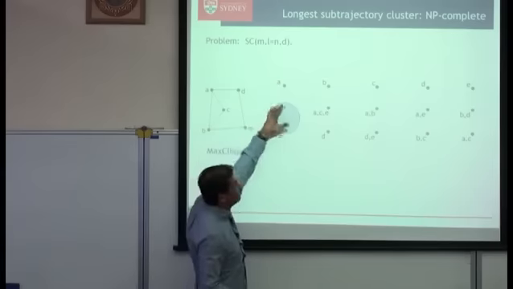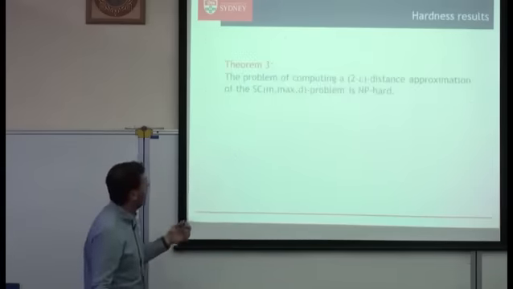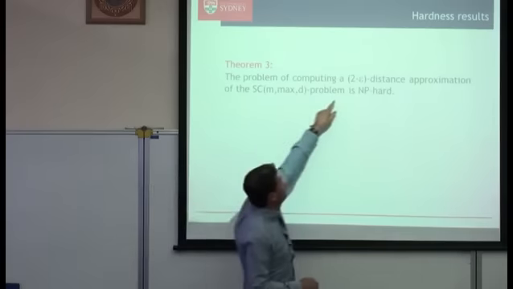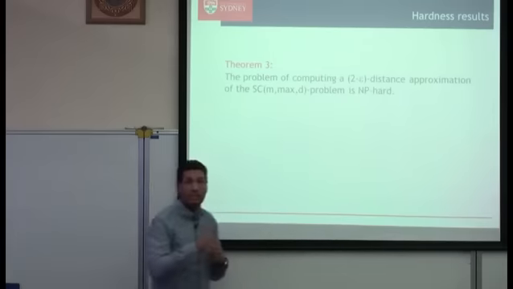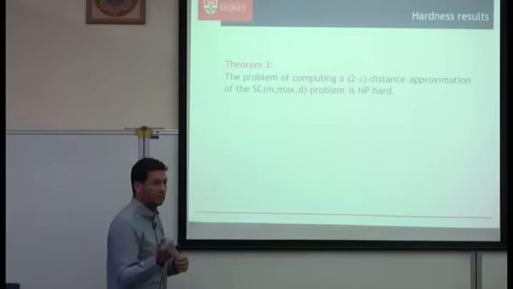And since I can make it almost twice as big and still get the same result, I know that even if I allow a 2 minus epsilon approximation for the distance, I will still get exactly the same result. Right?